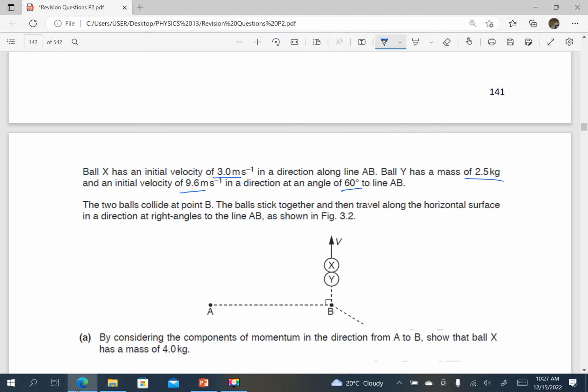The balls stick together and then travel along the horizontal surface in a direction at right angles to the line AB. So they are moving now as one body with a common speed. So their total mass must be the sum. The mass here is going to be 4.0.